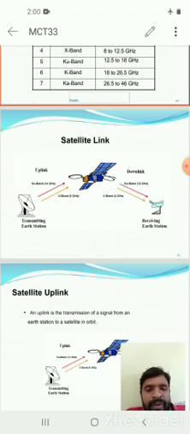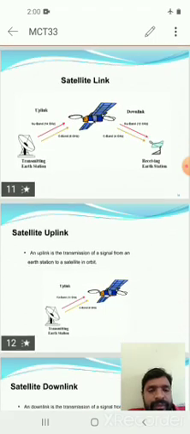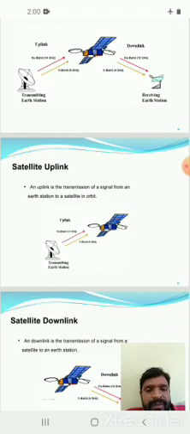Here we use uplink and downlink. Signals transferred from the transmitting antenna to the satellite are called uplink, and signals transferred from the satellite to the receiving antenna are called downlink. Satellite uplink: an uplink is the transmission of a signal from an earth station to a satellite in orbit.